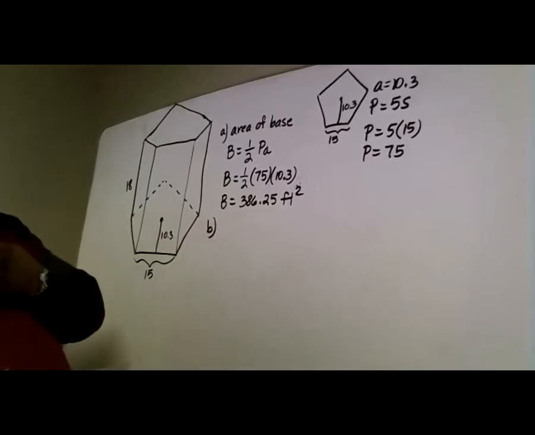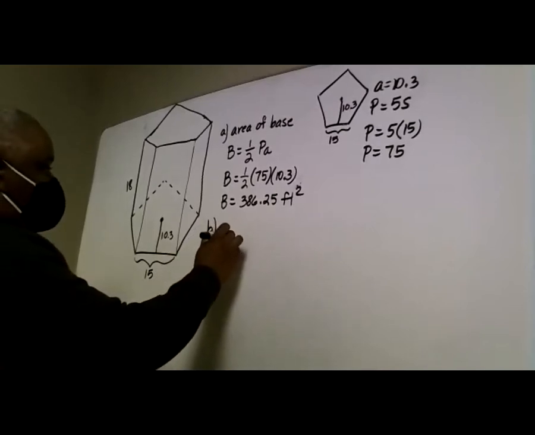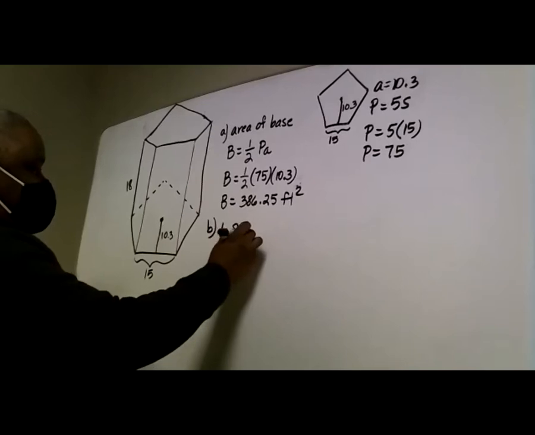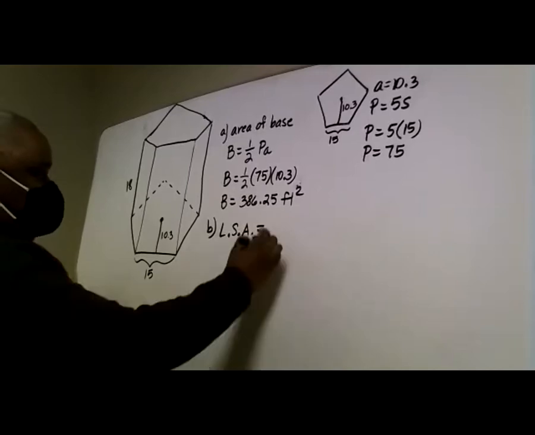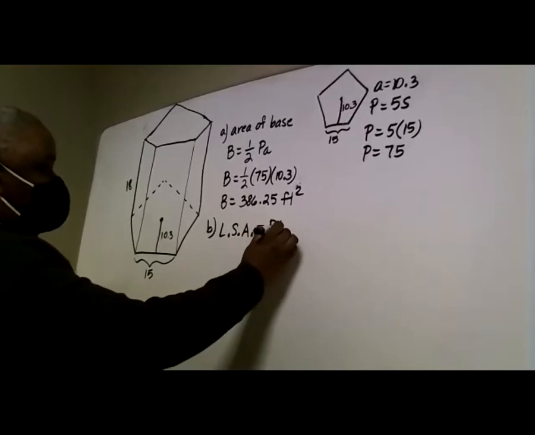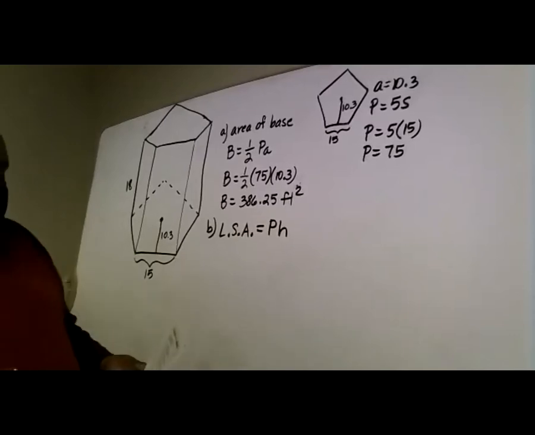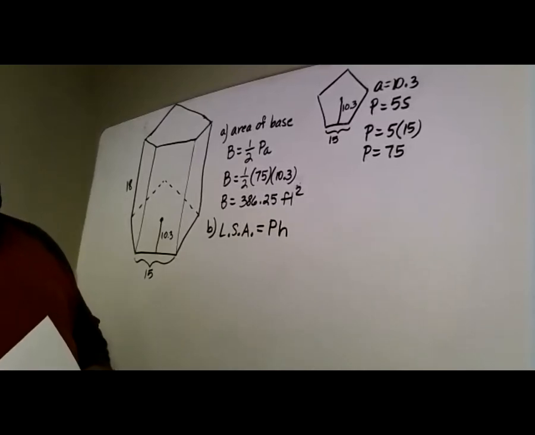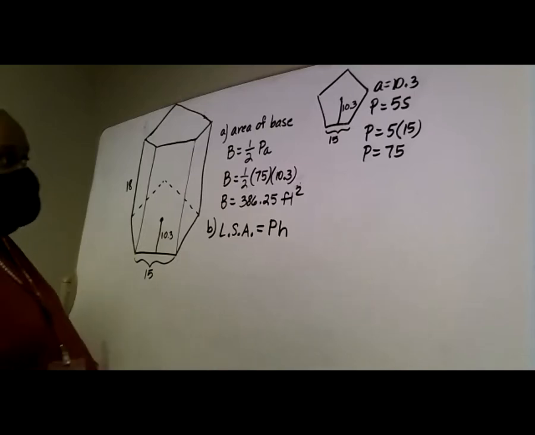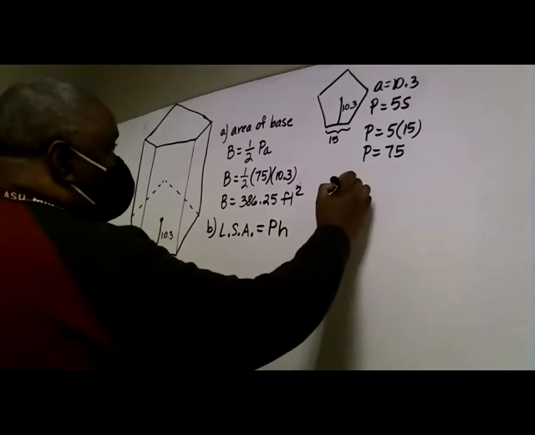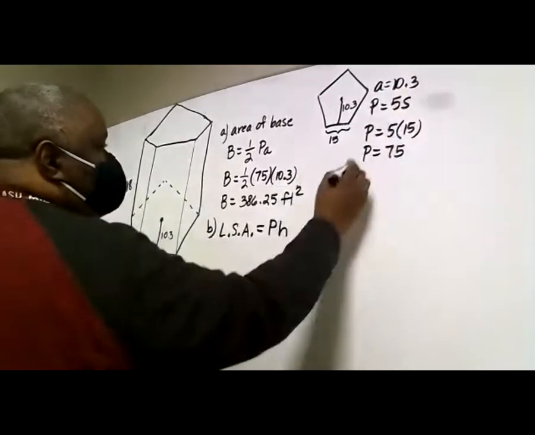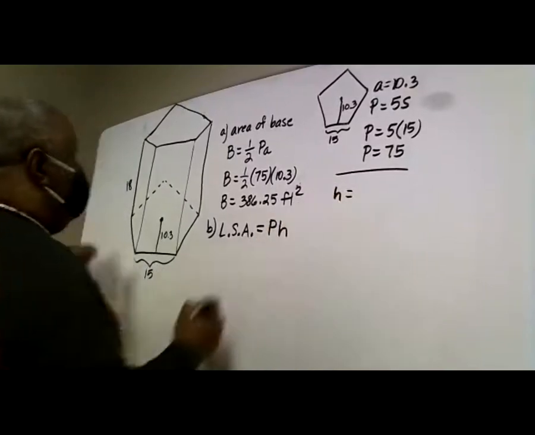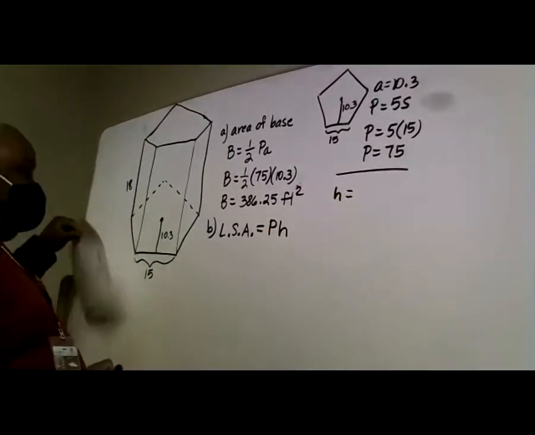Part B, they want the lateral surface area. And I'm going to abbreviate this as LSA, for lateral surface area. And in this case, that's going to be equal to the perimeter times the height. Now, we already found out what the perimeter is. Now, they do give us the height. The height here is 18 feet.